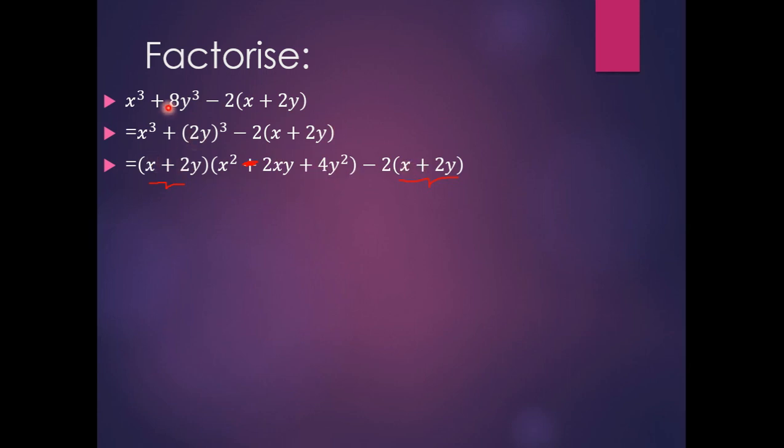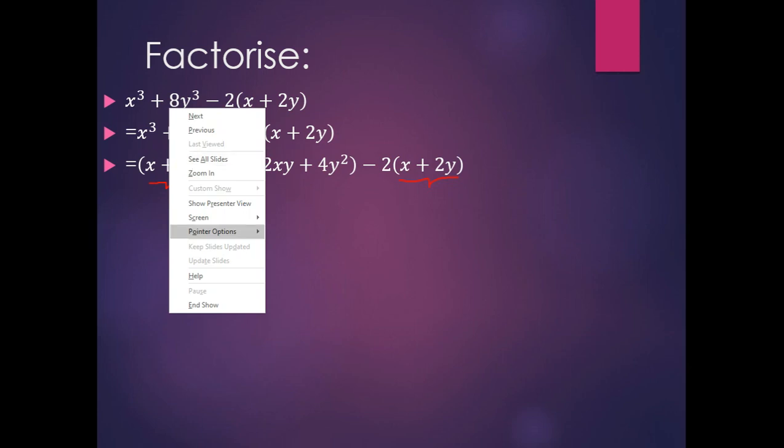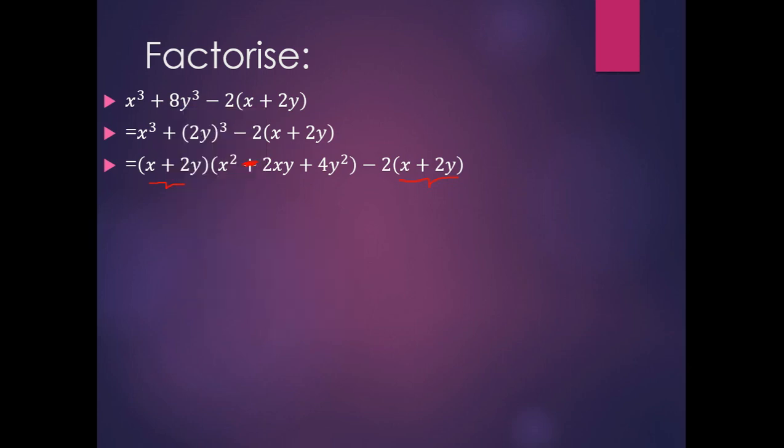Okay, so here I have used the a cube plus b cube formula. I have already written it, but just to make it clear, I have written it here once again: a plus b times a square minus a times b plus b square.